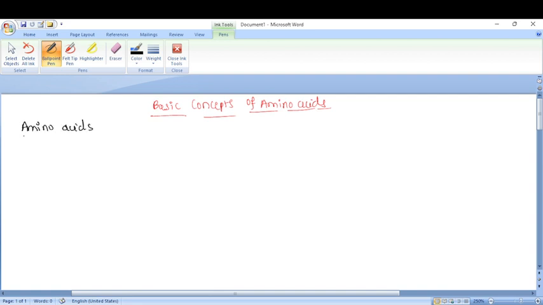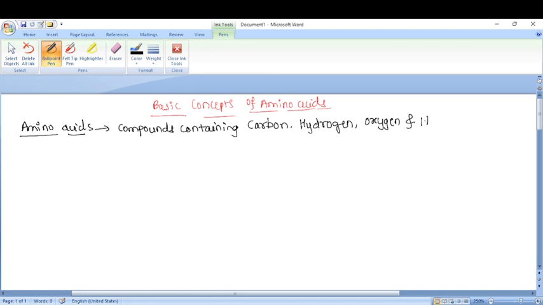Amino acids are compounds containing carbon, hydrogen, oxygen and nitrogen.